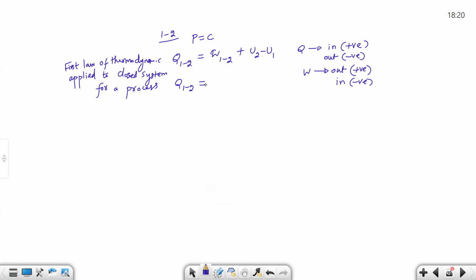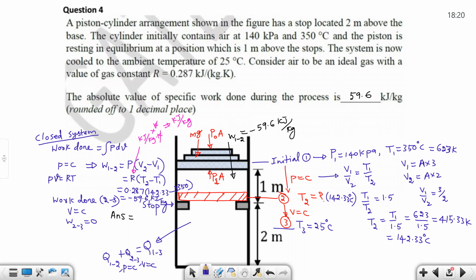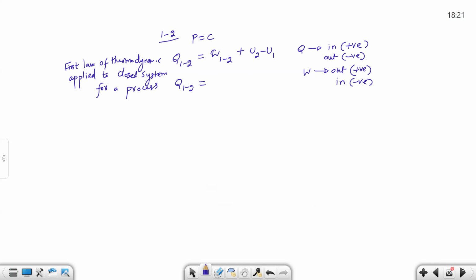So if you look at the work, the work is given into the system, so negative. Minus, we want everything in kilojoule per kilogram, so accordingly you can substitute. So minus 59.6. This is the unit, must be careful.